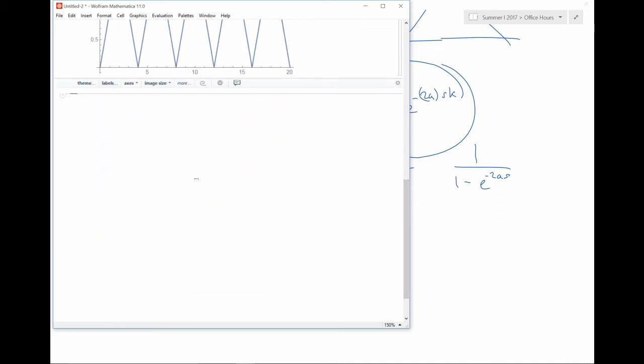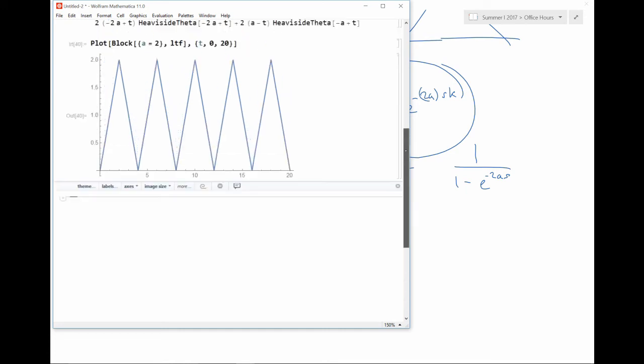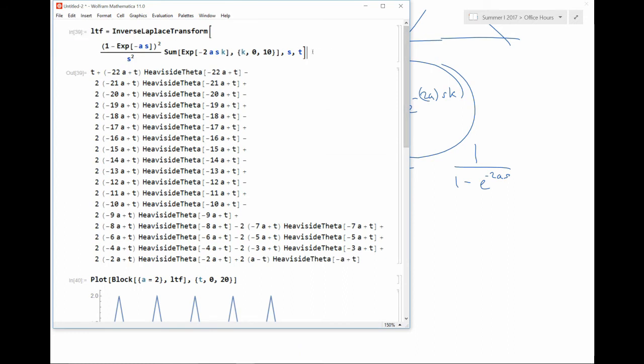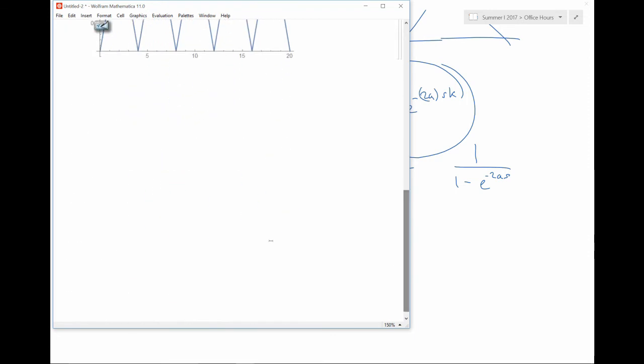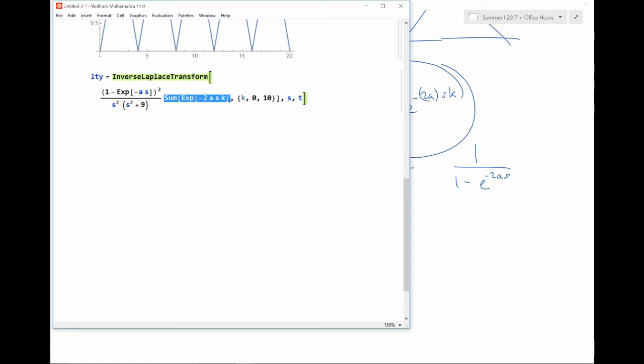When you solve the problem, the Laplace transform of y will become this Laplace transform of f, and the only thing that was added is the term s squared plus 9 in the denominator. So this is supposed to be the Laplace transform of y together with the summation term.